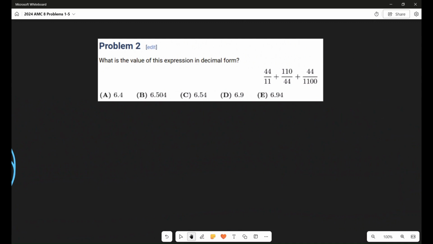What is the value of this expression in decimal form? So this question is just a quick evaluation of exactly what we're given. So 44 over 11, we know that's just equal to 4, plus 110 over 44. So we can cancel 11 from both of them. And then we can also cancel 2 from both of them.